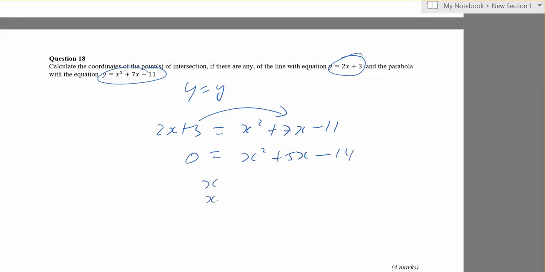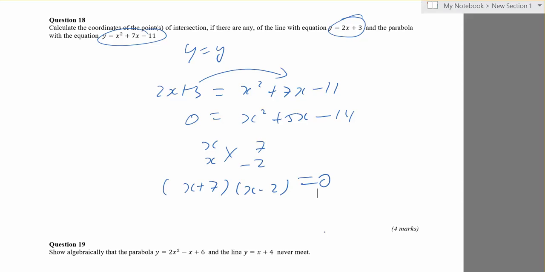Hopefully we can factorize this using the cross method. 7 and 2, yep, they'll work, but we'll have negative 2. So (x plus 7)(x minus 2) equals 0.